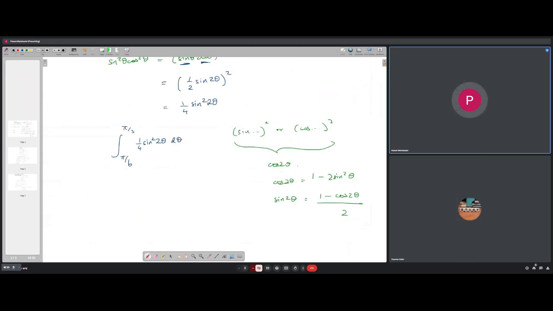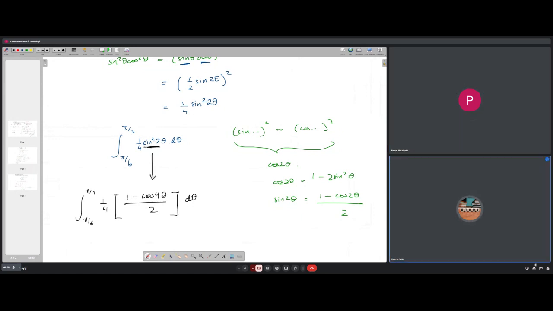So then you've got sine squared of 2 theta. What we can do now is write this as the integral from pi over 6 to pi over 3, and then you have a quarter, then 1 minus cosine of 4 theta, all divided by 2 with respect to d theta. Do you have any questions on that? Do you understand what I've done there?